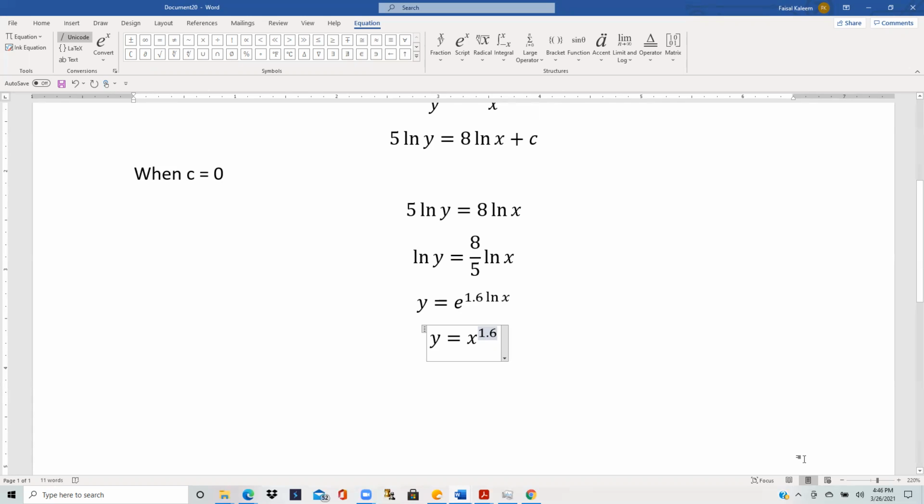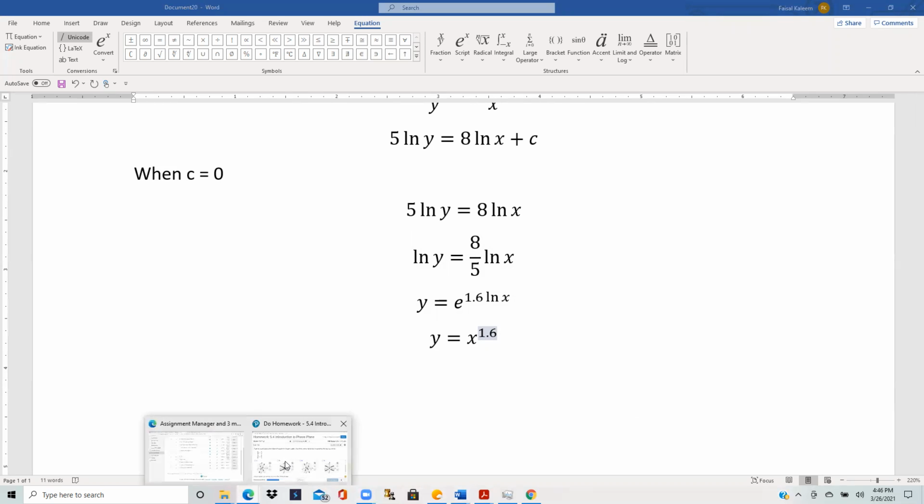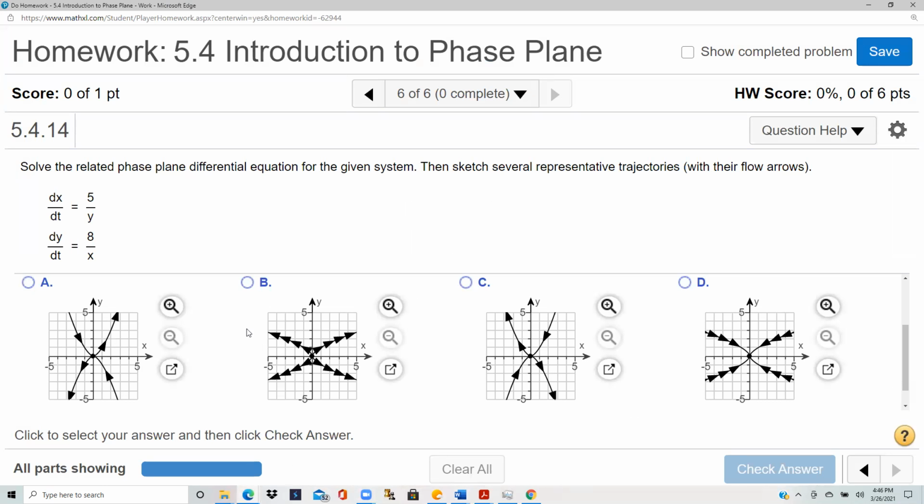Okay, so this one comes up from the fact that, remember, this one was absolute y. So in reality, this should be absolute y. When you have absolute y is equal to this, y would be equal to plus or minus. So you can also get y is equal to negative x power 1.6. So that's why you could also get the bottom half. Okay, so it's either going to be A or it's going to be C.